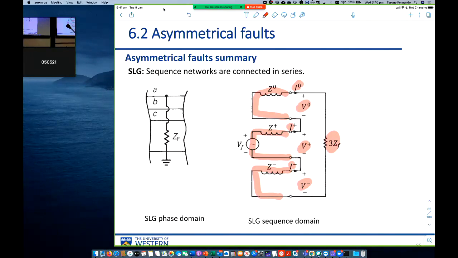Yes, you have a question? No, these are already in the form, the circuit connections are in the formula sheet. The circuits for the different faults? Yeah, I think so. Is it there? Is there anything for the faults?